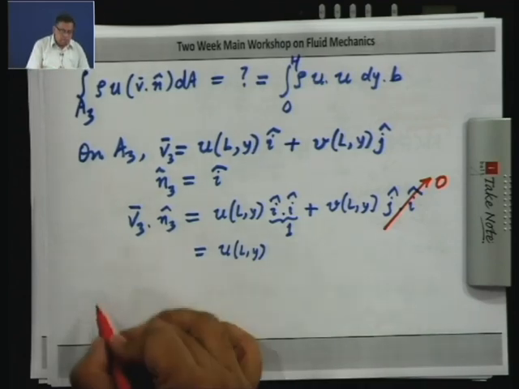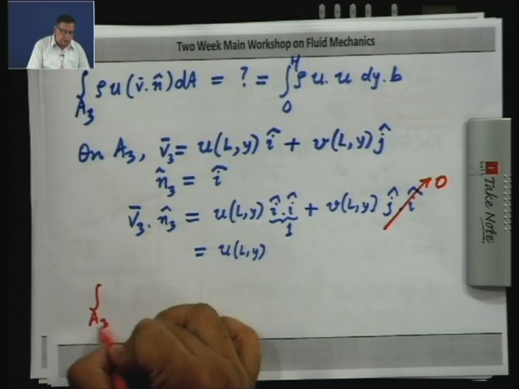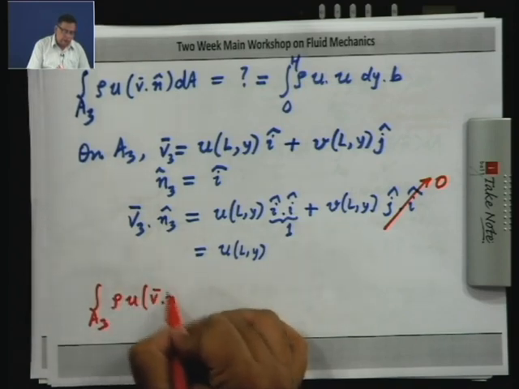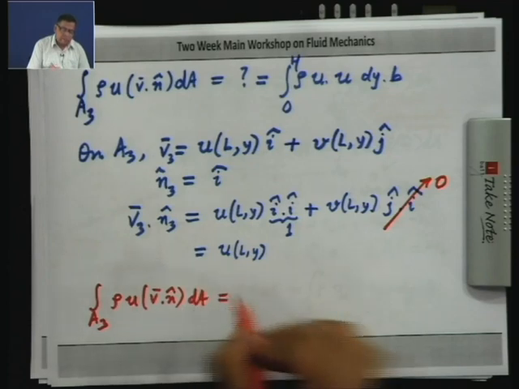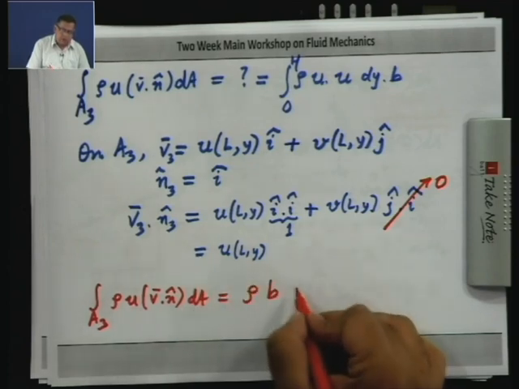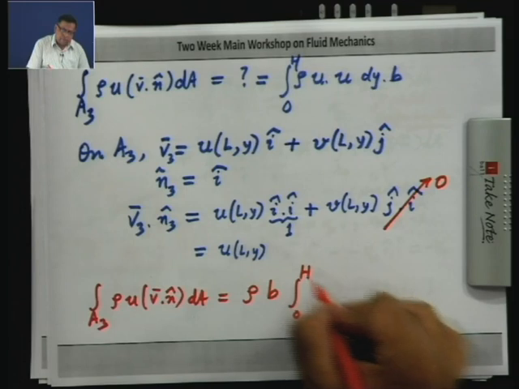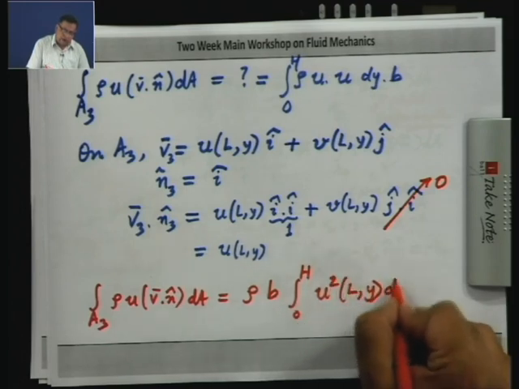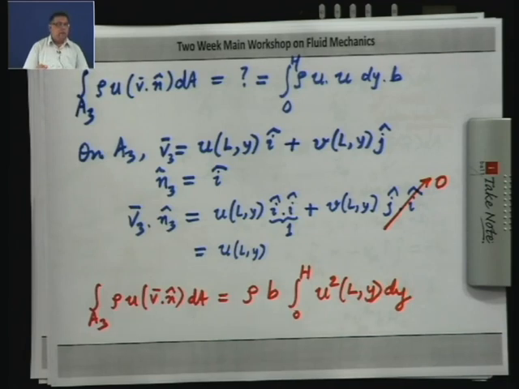So, to be more precise, this quantity, the integral over A3 of rho u V dot n dA, is equal to rho b integral 0 to h of u squared at x equal to L, y dy. So, this represents the flux of x momentum out of the control volume through the surface, which we are calling 3.